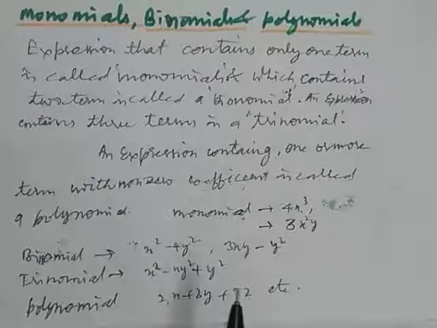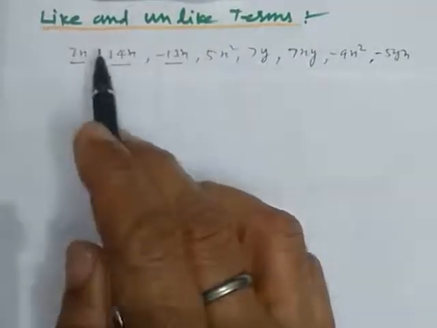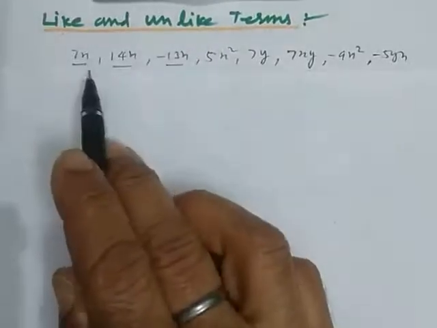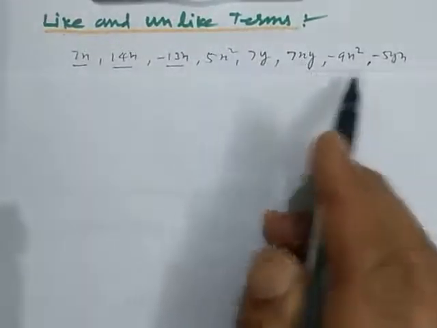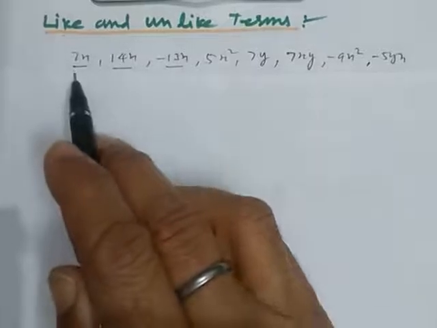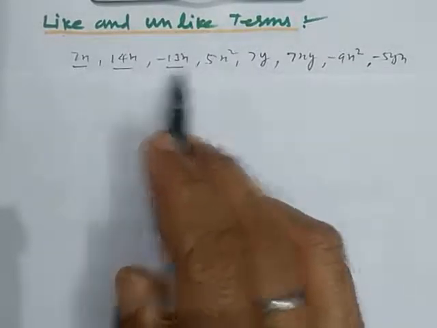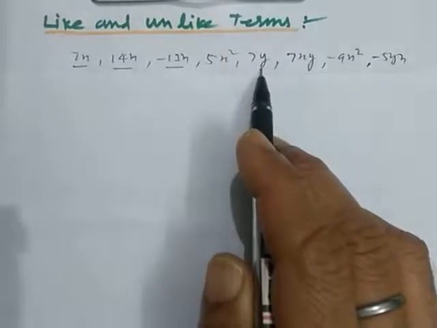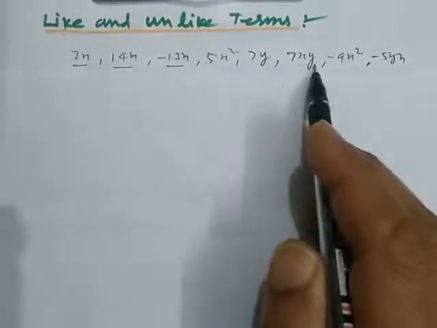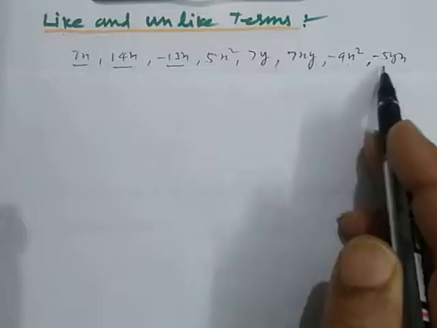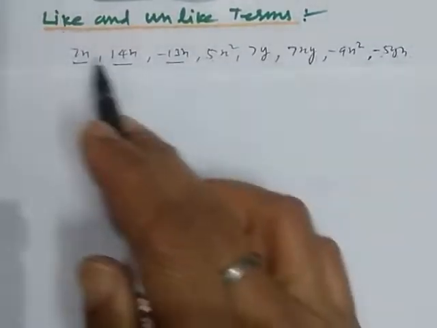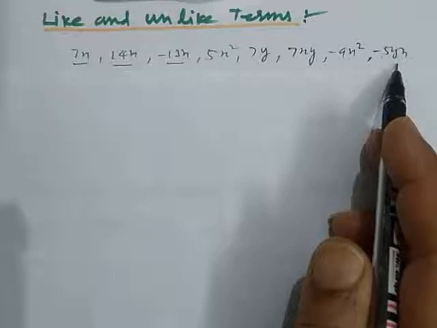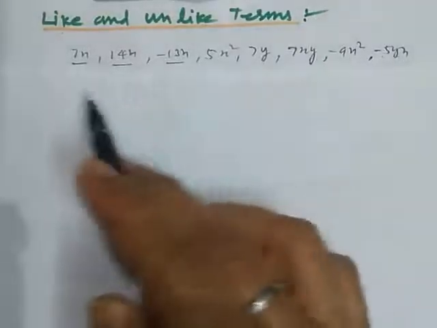Now we learn like and unlike terms. Here are some terms: 7x, 14x, minus 13x, 5x square, 7y, 7xy, minus 9x square, minus 5yx. Here we understand what are like and unlike terms.